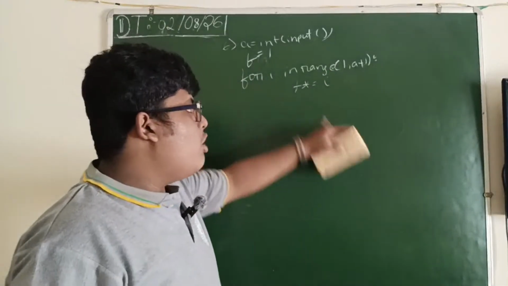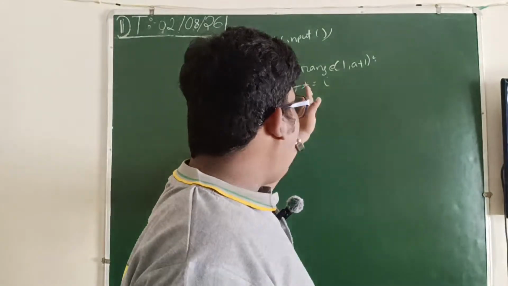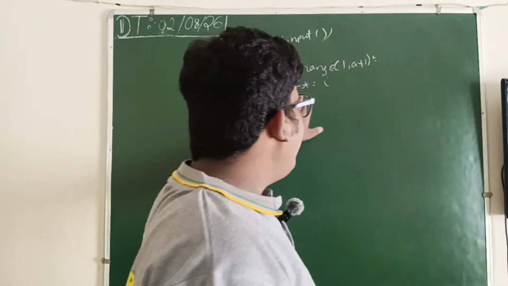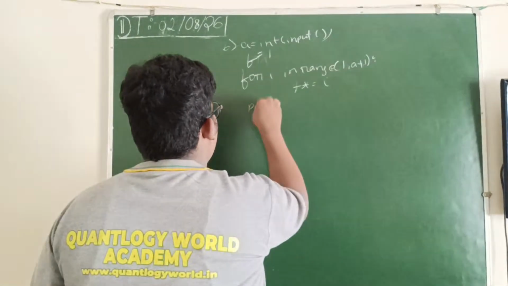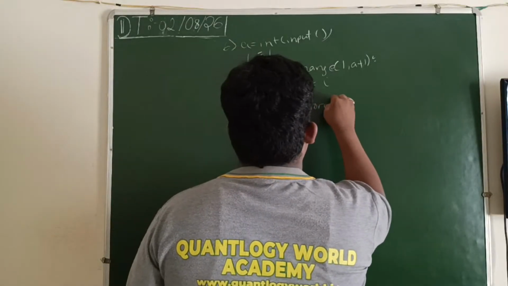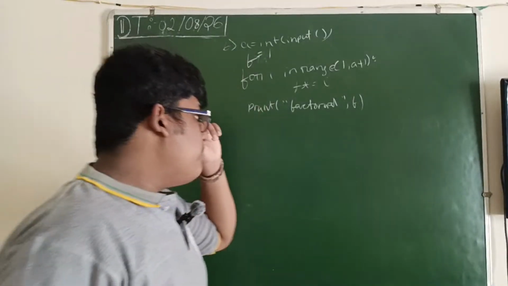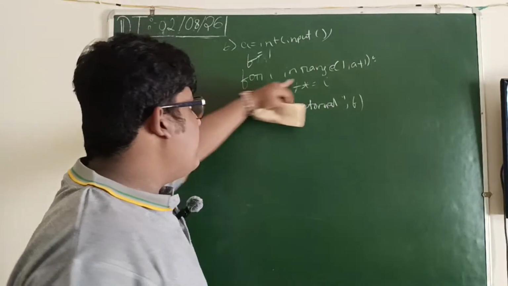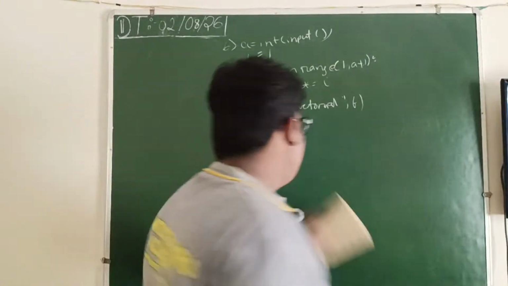Asterisk equal to, plus equal to, this is called augmented operations, in which we use any arithmetic operator before the assignment operator. That is called augmented operators. Print factorial as f. So this is the simple logic behind factorial: for i in range 1 to a plus 1, then f asterisk equal to i.